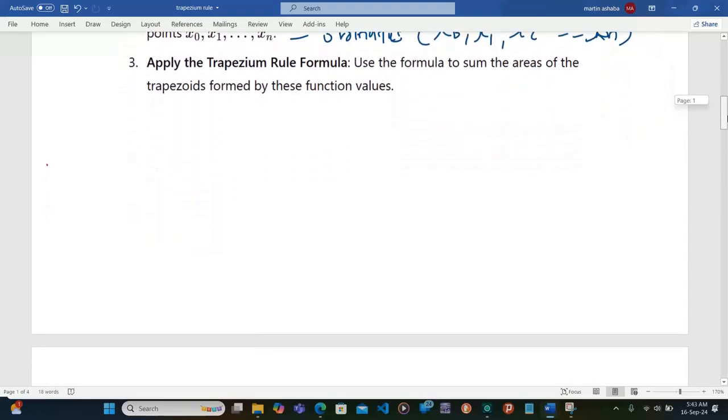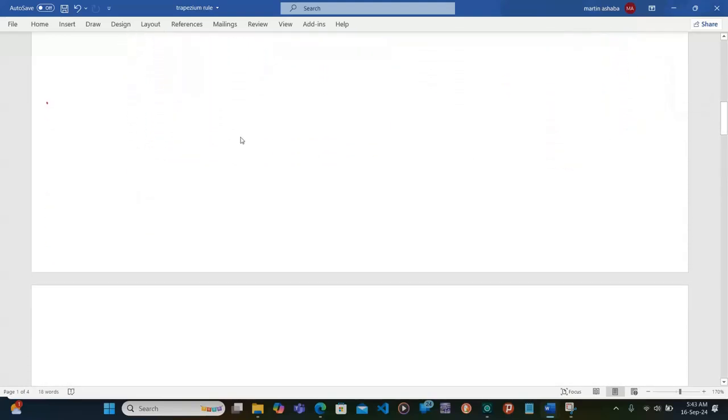So now we shall be looking at a function, and we are going to approximate its area, the area it encloses, maybe between it and the x-axis or between it and the y-axis. Then we divide that area into a number of strips, where each strip approximates a trapezium.